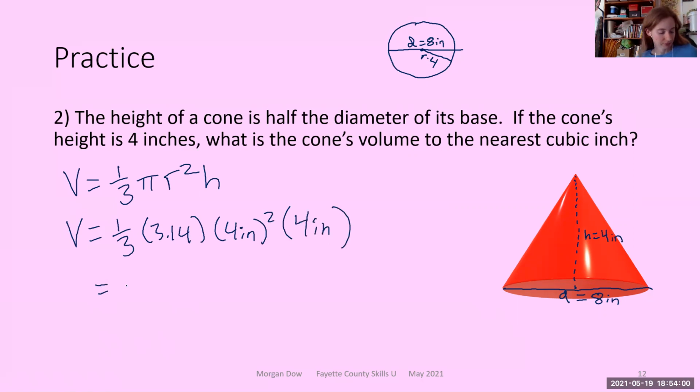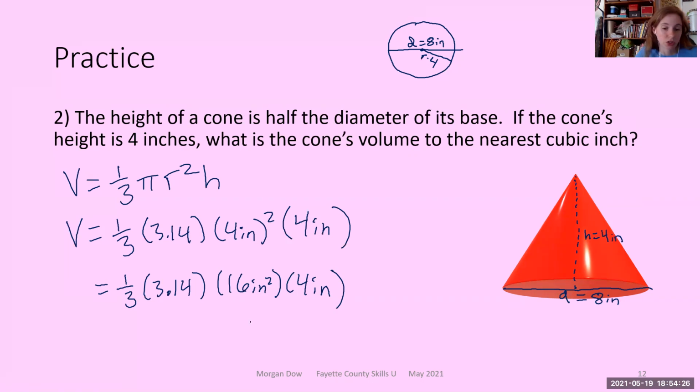Okay. So 4 inches squared, that's going to be 16. Let's just go ahead and make sure we're following our order of operations, get that exponent done. All right, so now I'm going to do 3.14 times 16 times 4.